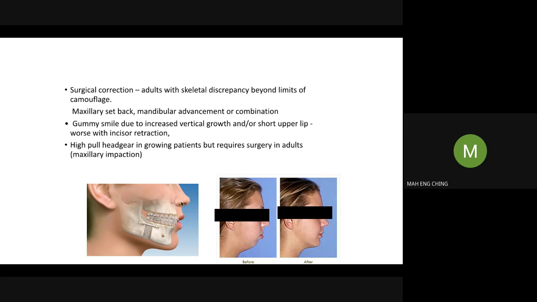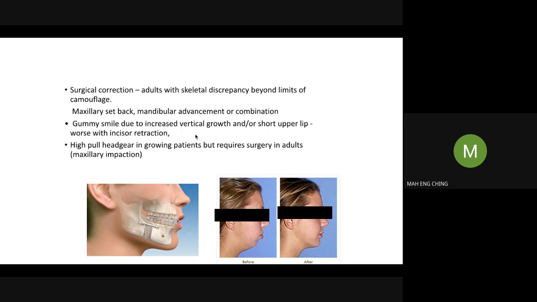If the maxilla is too long, you cut the maxilla and bring it back. If the mandible is too short, you cut the mandible and bring it forward. Or you can do both: bring the maxilla back, then bring the lower jaw forward. By doing this combination, you should be able to correct the skeletal discrepancy.